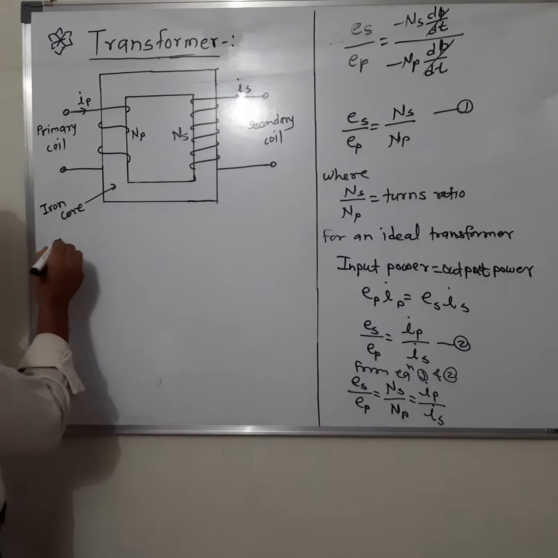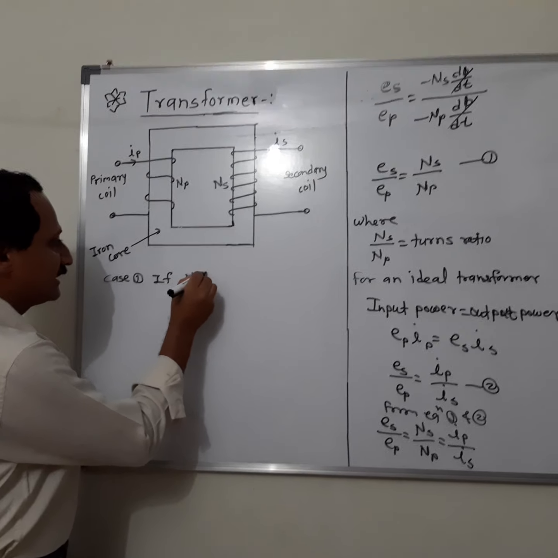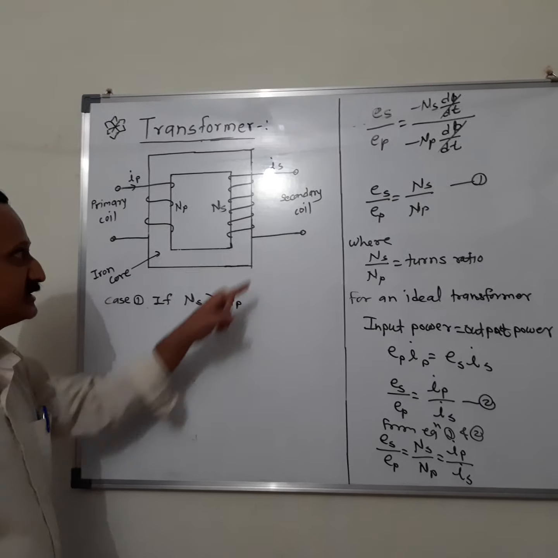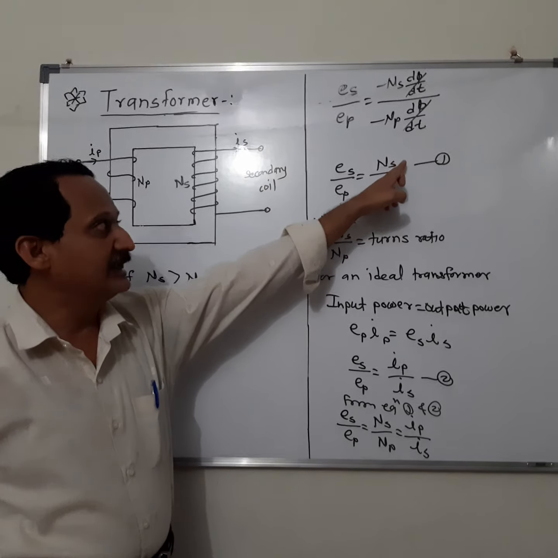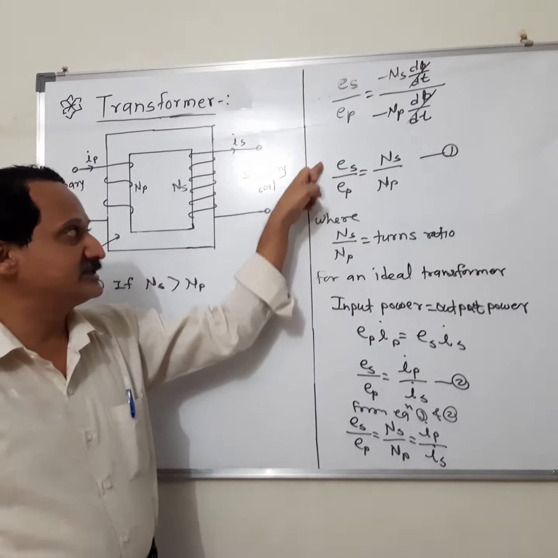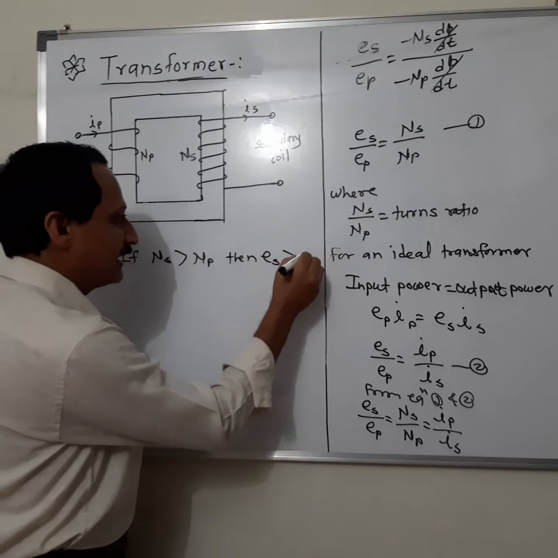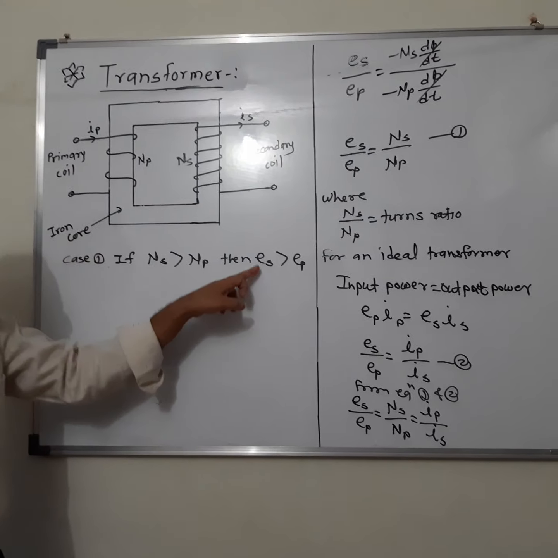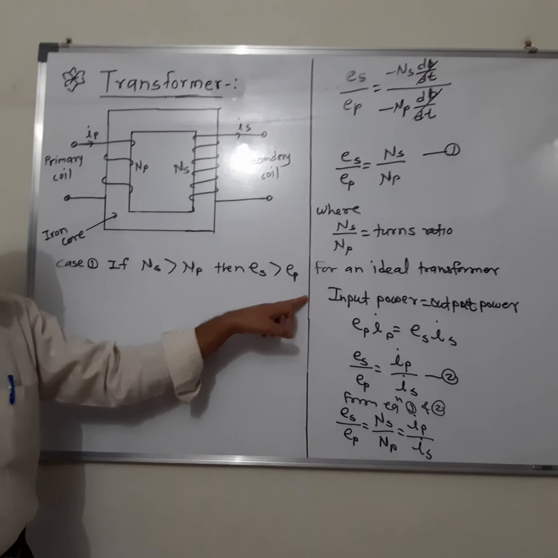Case number 1. If NS is greater than NP, meaning the number of turns in the secondary is greater than the number of turns in the primary, then from this equation ES is greater than EP, meaning output voltage is greater than input voltage.